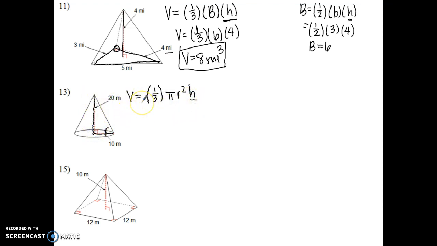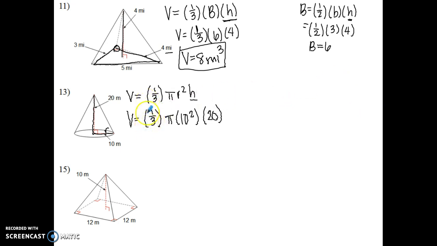So that's going to be 1/3 pi multiplied by my radius squared multiplied by my height. Because we do have pi, we have a couple of ways that we can answer this.